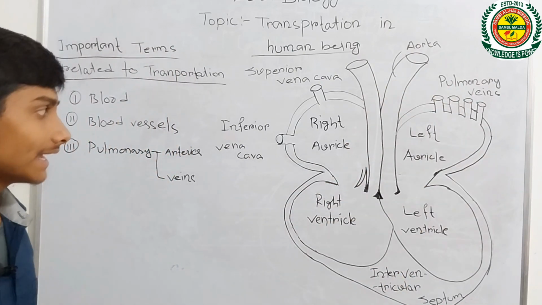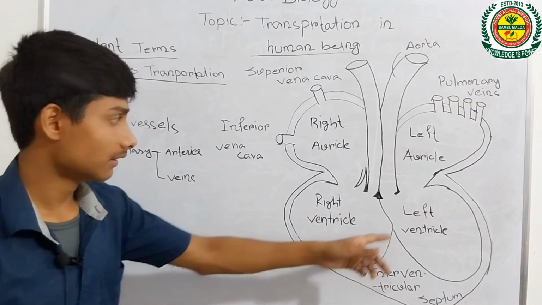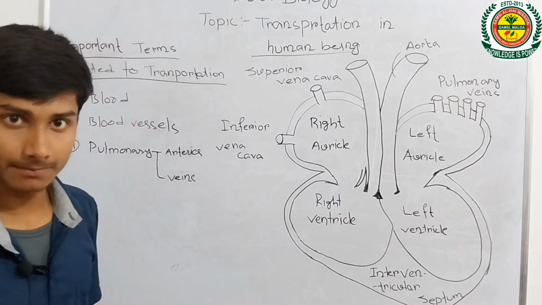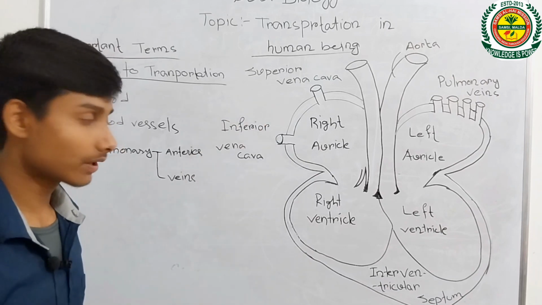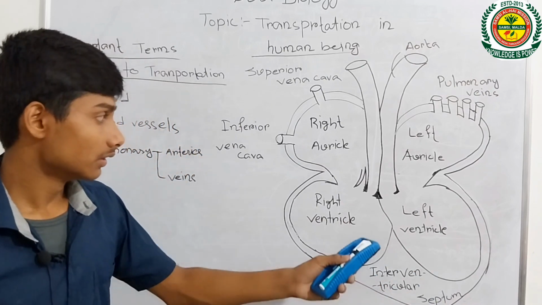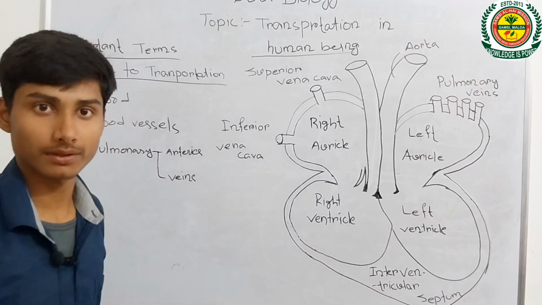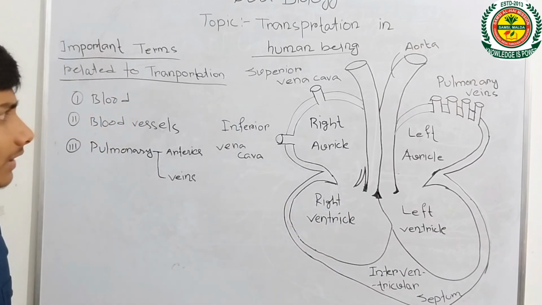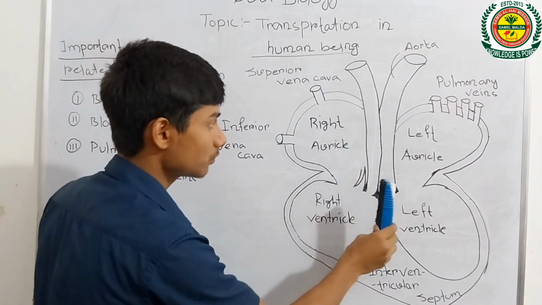While pressurizing, the left ventricle needs some pressure to send the blood to different cells and organs. So this interventricular septum helps it contract easily and create the pressure in which the blood goes to different parts of the body easily.